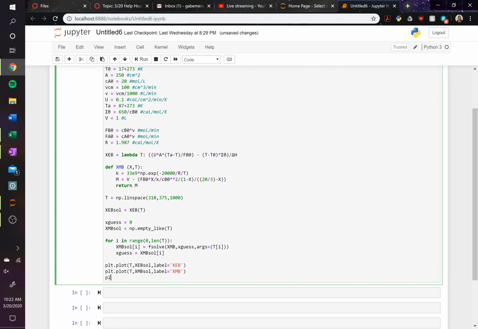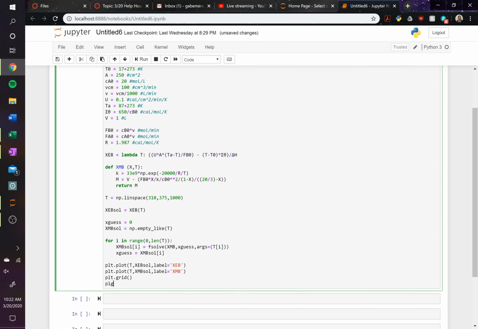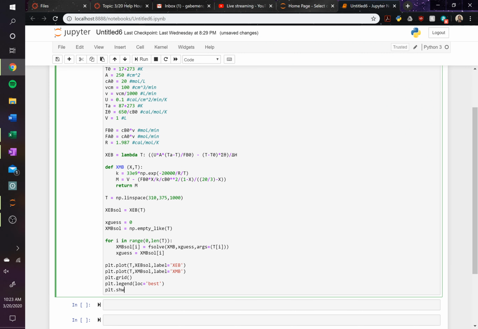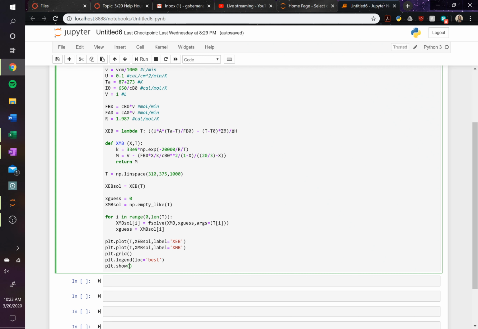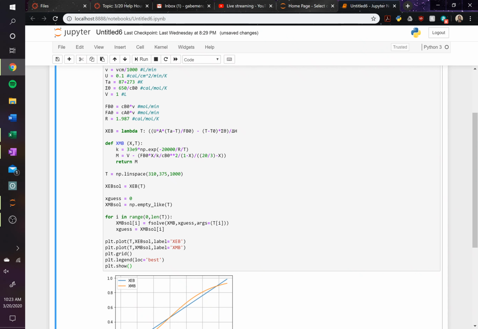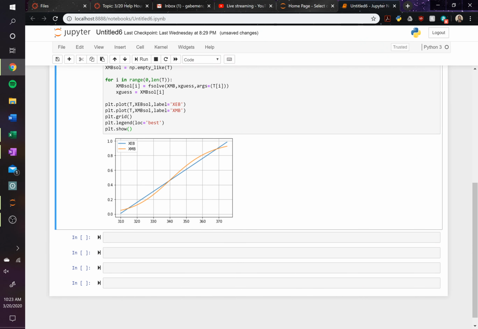I don't need to make it look as pretty. Legend. Okay, hopefully this worked. I'm going to be upset if it didn't because I'm just copying old code. Let's see. And it did work. Great.